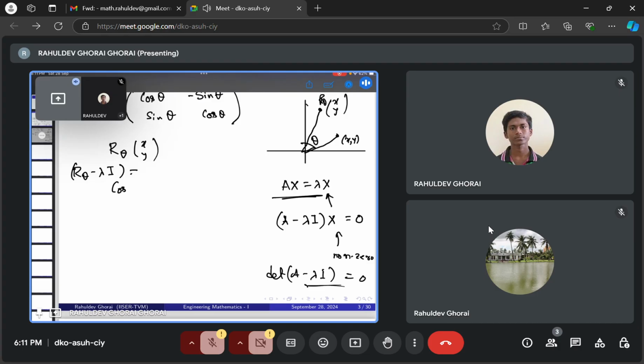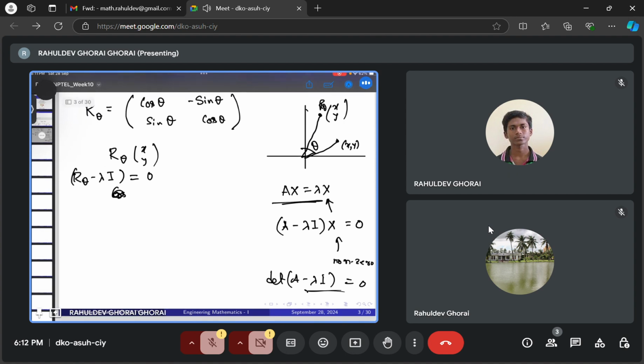Here we do the same: the determinant of R theta minus lambda I is equal to 0, and then we get the determinant of cos theta minus lambda, minus sine theta, sine theta, cos theta minus lambda. That is equal to 0.